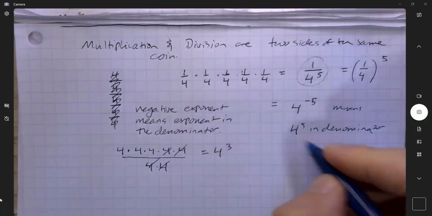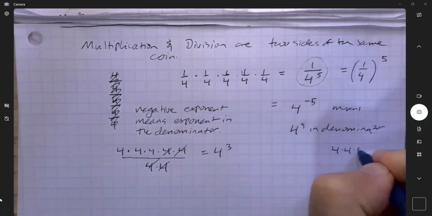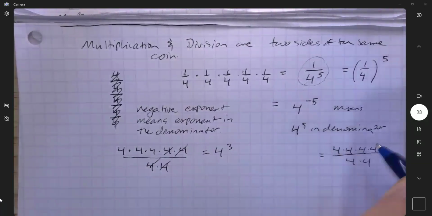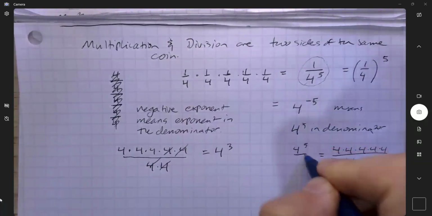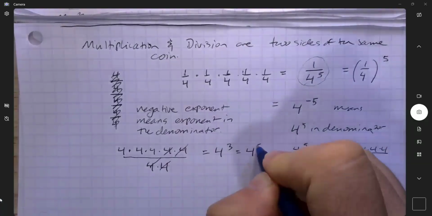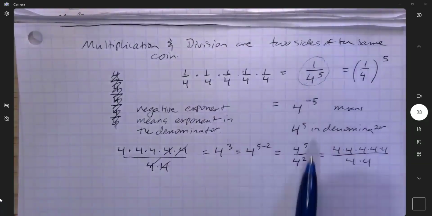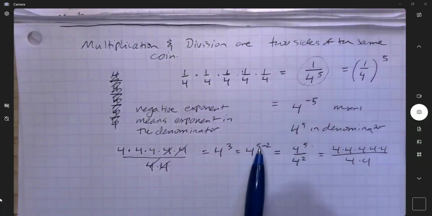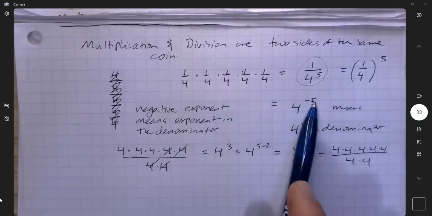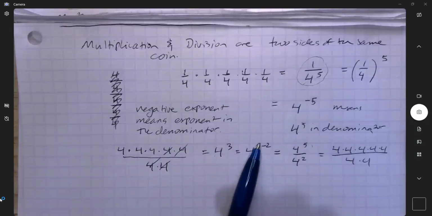But on the other hand, 4 times 4 times 4 times 4 times 4 divided by 4 times 4 is equal to 4 to the 5th divided by 4 squared, which you could write as 4 to the 5 minus 2. When you do division, you subtract powers. And the reason we write this as a minus 5 is because it indicates that it's subtracting the power.